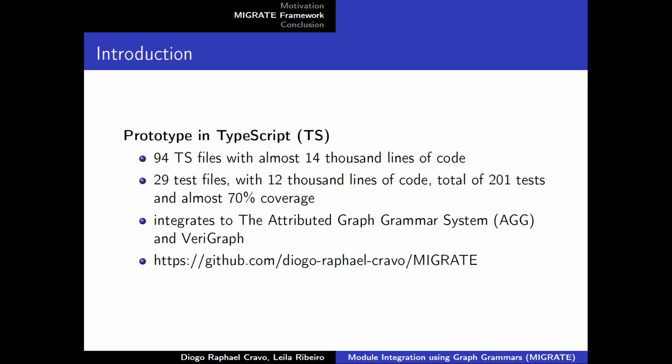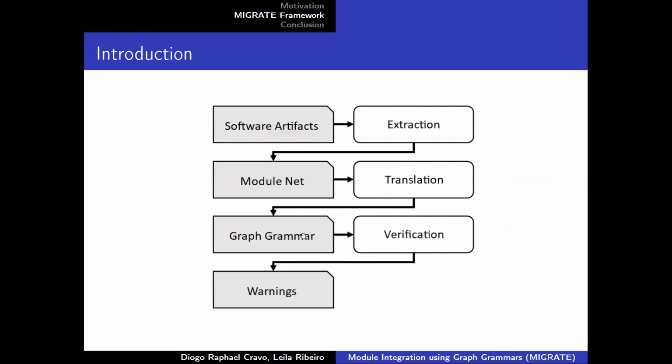But I have to say, it can only handle very small examples, unfortunately, and that is for reasons we're about to see. This prototype integrates to two existing graph grammar engines, the attributed graph grammar system, AGG, and Verigraph. So AGG, like Leila said in her presentation earlier today, is developed by the Technical University of Berlin, while Verigraph is developed at the Universidade Federal of Rio Grande do Sul, and we use both of them because they have complementary feature sets.